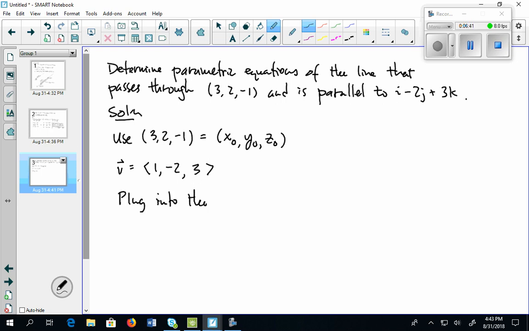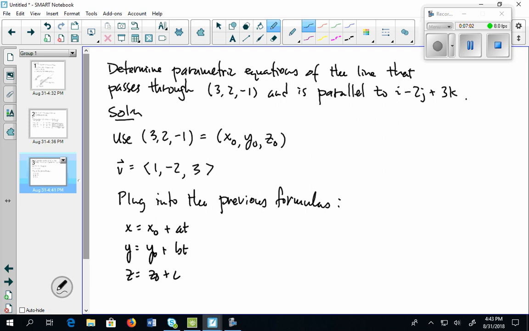into the previous formulas. What I mean by that is x is equal to x naught plus at, y is equal to y naught plus bt, and z is z naught plus ct.